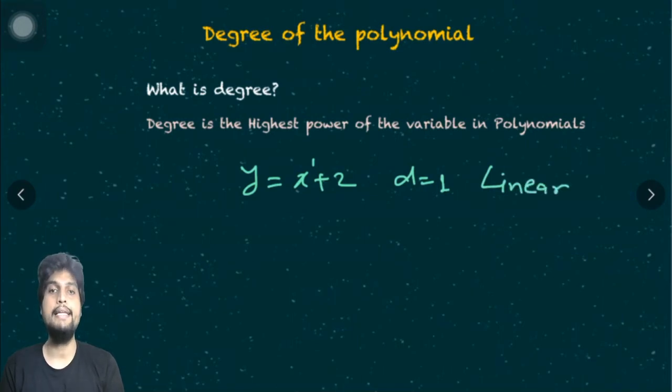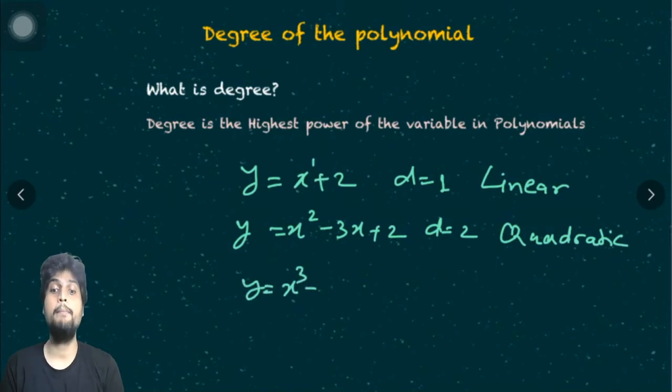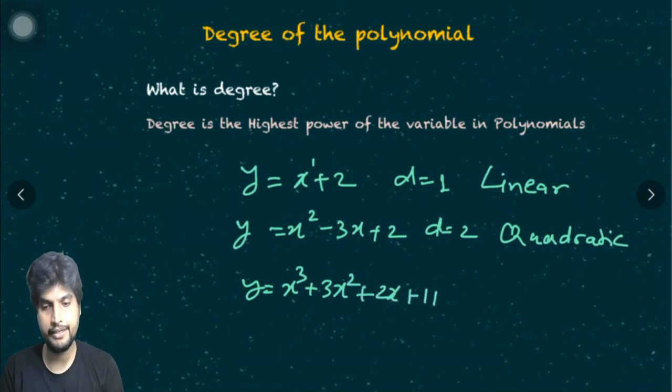Another example: y is equal to x square minus 3x plus 2. Here, degree is equal to 2. So, it's a quadratic polynomial. Let's consider another example, y is equal to x cube plus 3x square plus 2x plus 11.